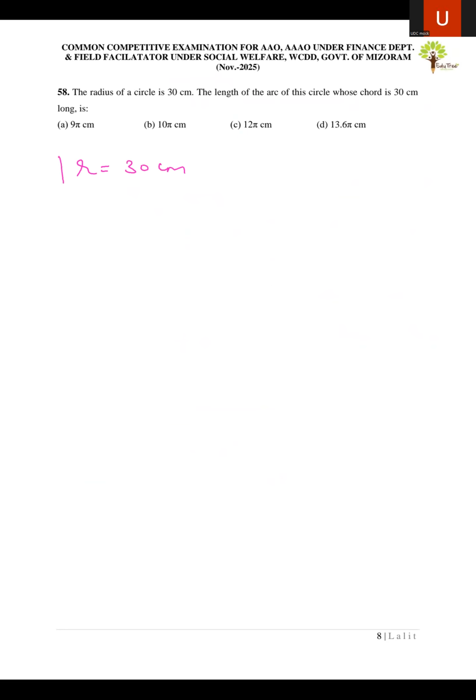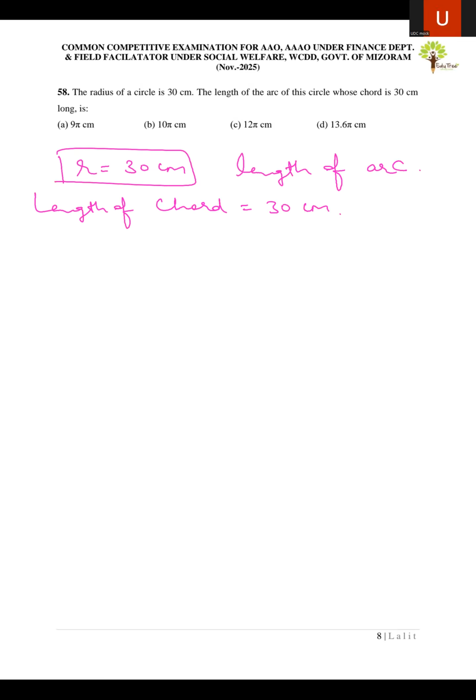And then they're saying the length of the arc of this circle whose chord is 30 centimeter long. We have to find the length of arc, and what is given to us? Chord is also given to us. Length of chord is equal to 30 centimeter.